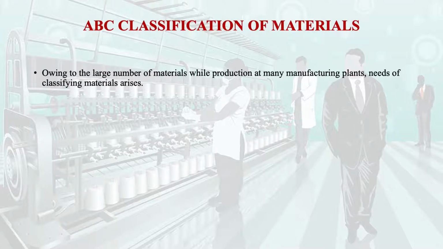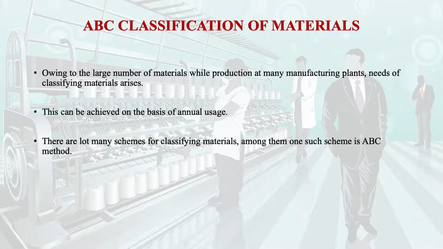Owing to the large number of materials, when production happens at many manufacturing plants, the need for classifying the materials arises. This can be achieved on the basis of annual usage. There are many schemes for classifying, and among them one such scheme is the ABC method.